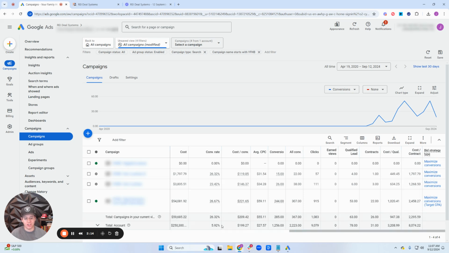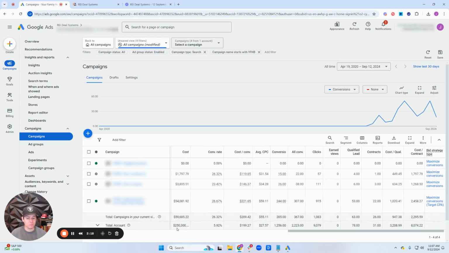These numbers down here are inaccurate because they take into account some of the other or old ad spend that they had in the account where we were not running it and we did not have this tracking in place. So these are totally inaccurate on the bottom here. This is their actual numbers. The contract stuff is accurate though. So there's another 5 contracts, maybe in another campaign that I'm not showing here that I didn't find.